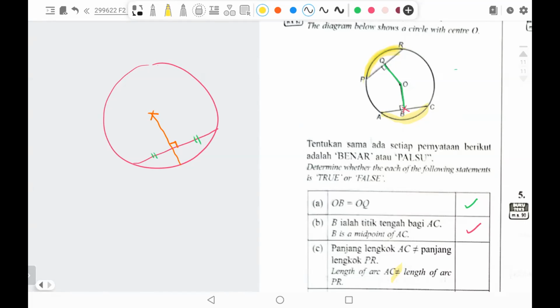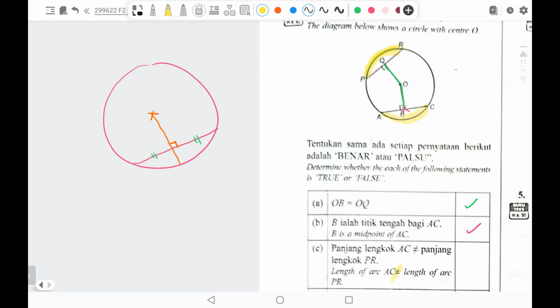True. No, it is false. Yeah, it's actually same.